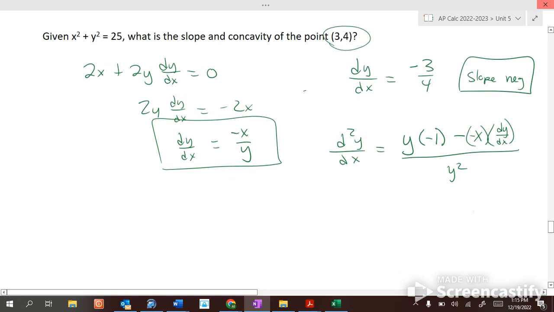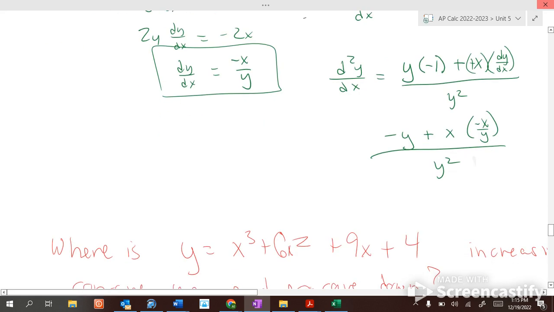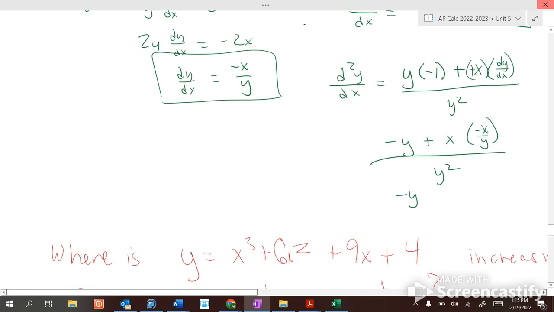Okay, quotient rule. So if we go plus a positive here, and we put in the dy dx, we get negative y plus x times negative x over y, all over y squared. So it's negative y plus negative x squared over y squared.